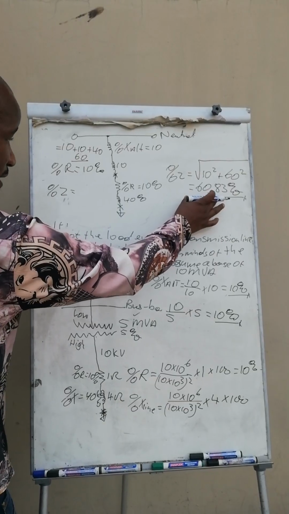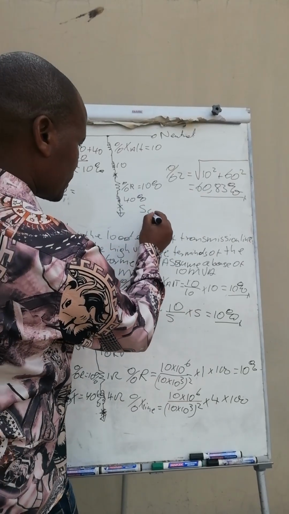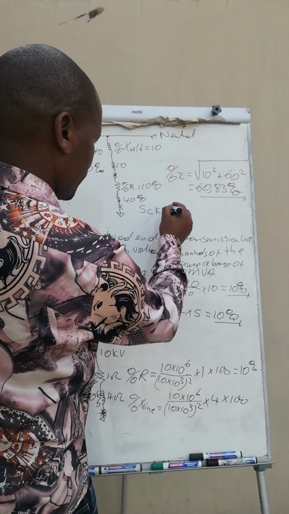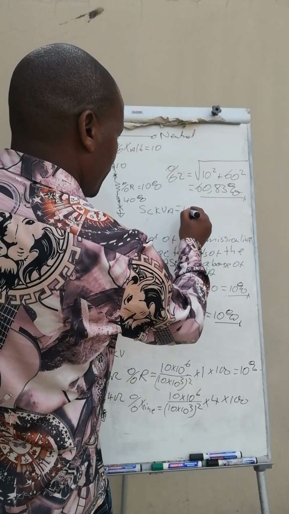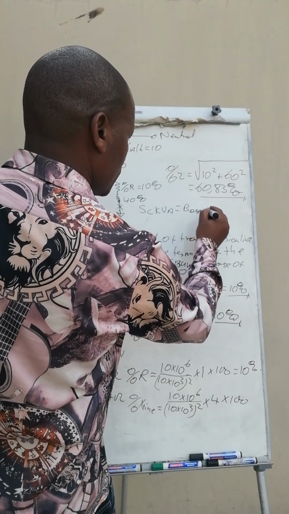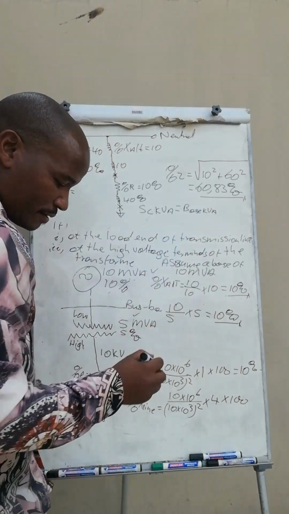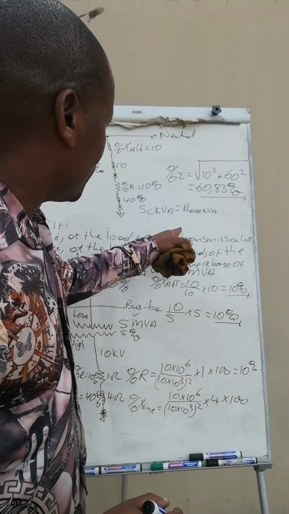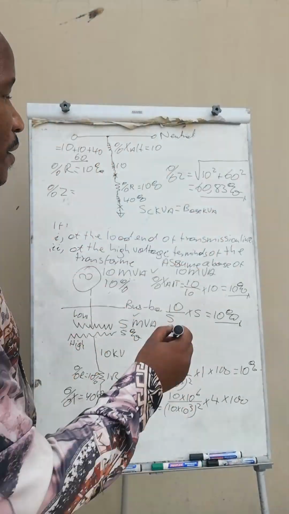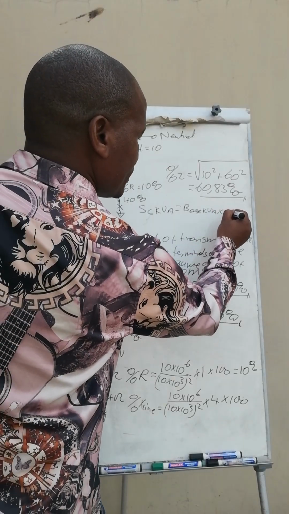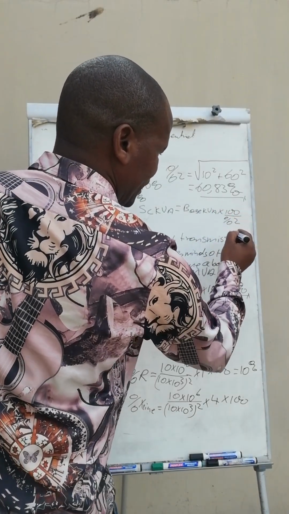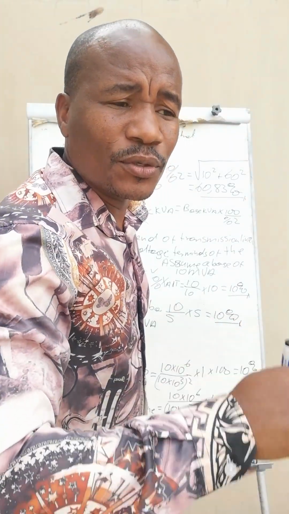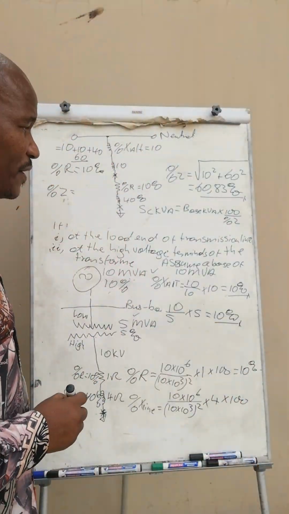Now that we've got this, the short circuit kVA. The short circuit kVA is equal to the base kVA. To make things easy, if you multiply the base kVA by 100 over percentage Z, you get the short circuit kVA.